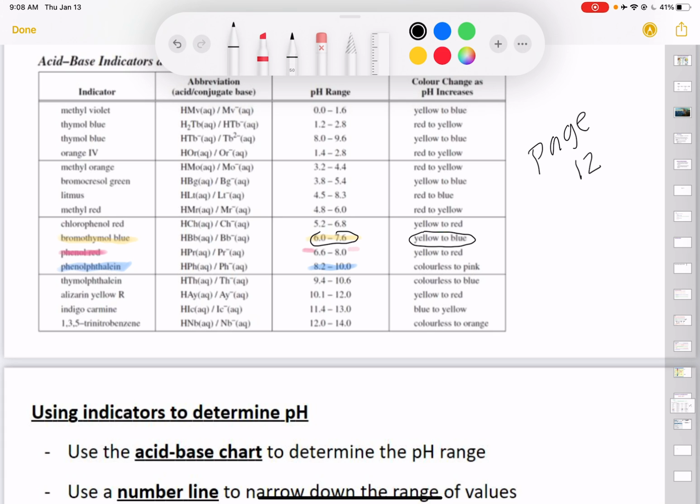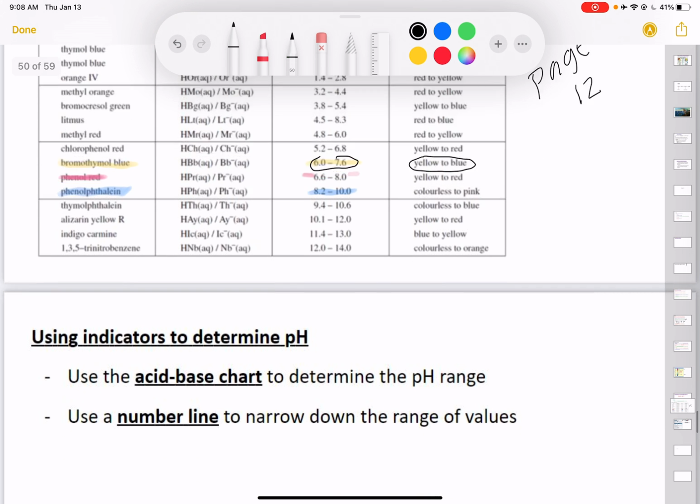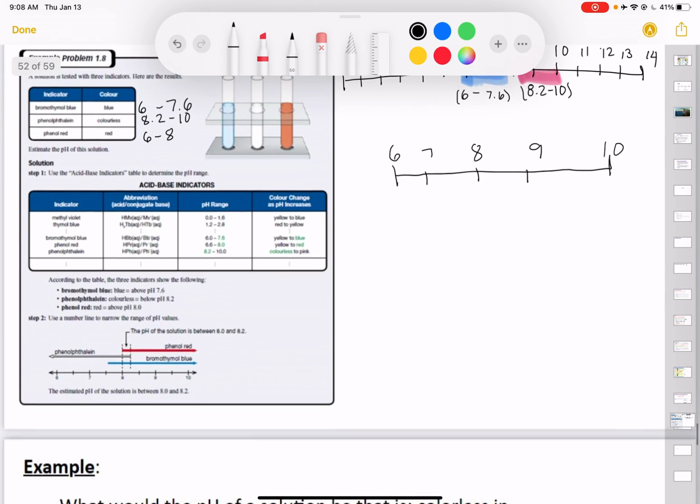So blue is the high range, which means that if it's blue, we have to assume that it's at least 7.6.